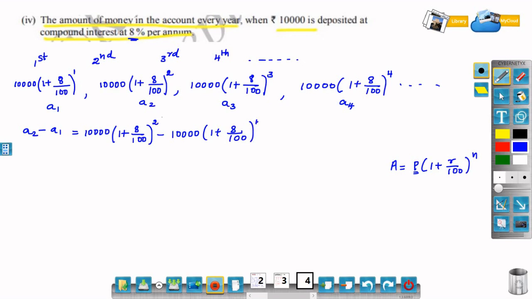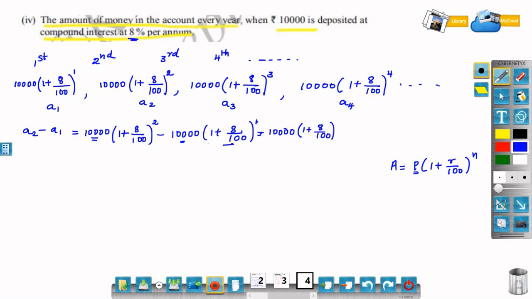Take out the common term: 10,000 is common, and 1 plus 8 by 100 one time is common.